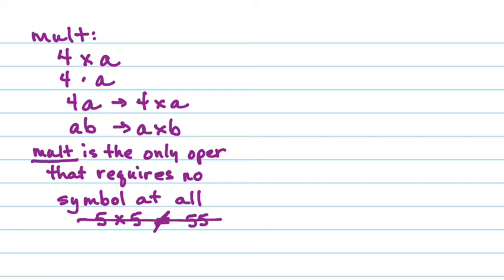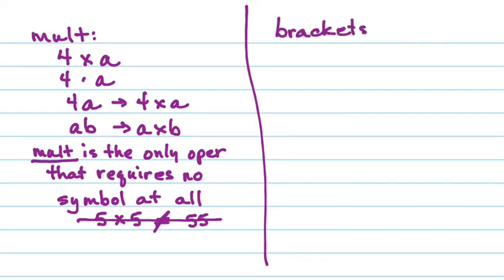Okay. We can also use brackets to represent multiplication. And we've seen this when we were dealing with other order of operations types of problems. So I could write 4 times A as a 4 right in front of a bracket and then the A inside the bracket.